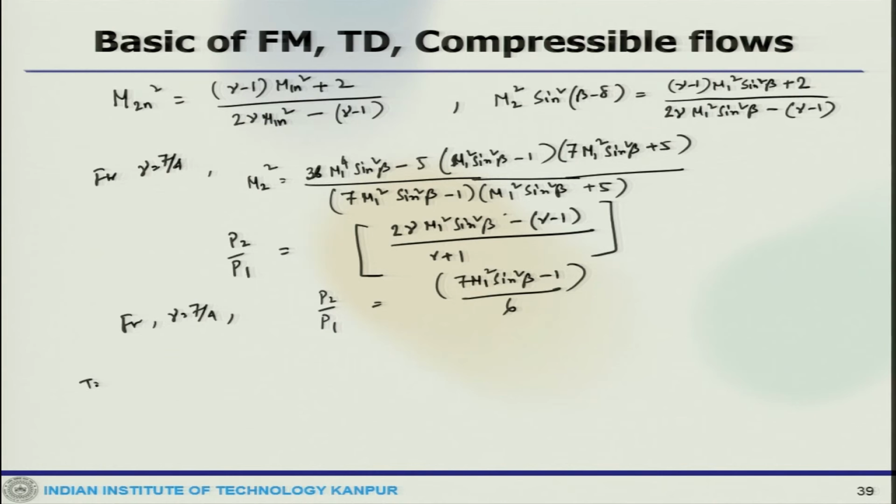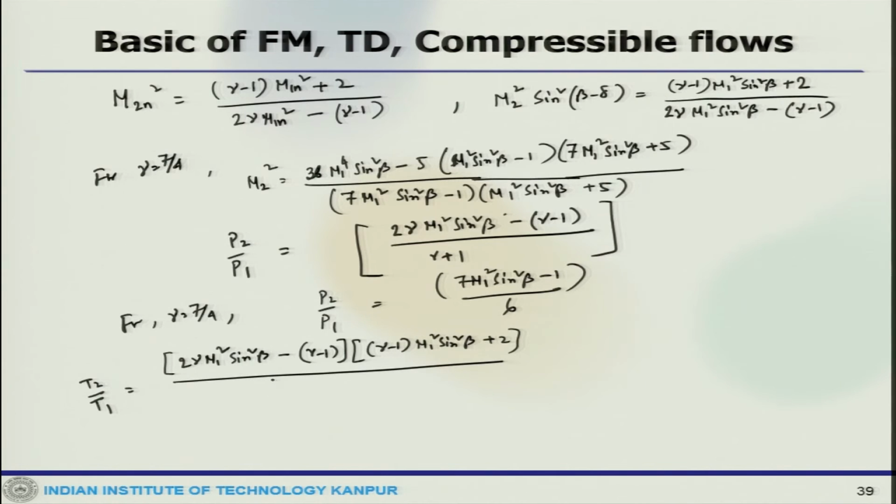Similarly, T2 by T1 we get (2 gamma M1 square sin square beta minus (gamma minus 1)) times ((gamma minus 1) M1 square sin square beta plus 2), divided by (gamma plus 1) square M1 square sin square beta.